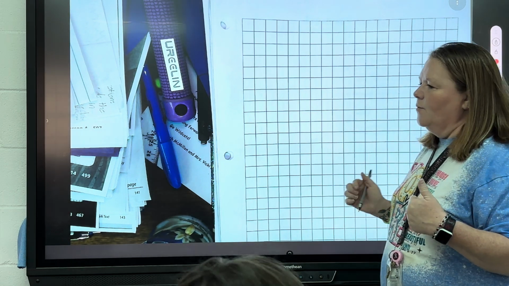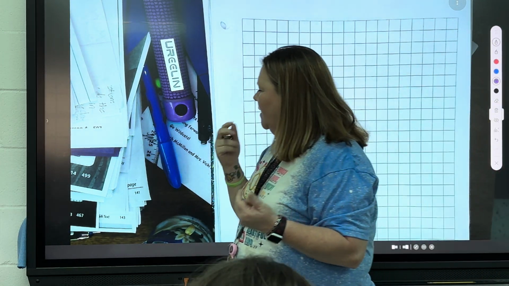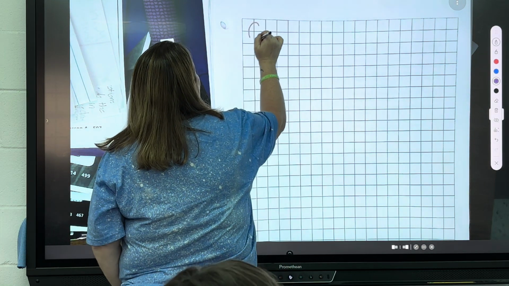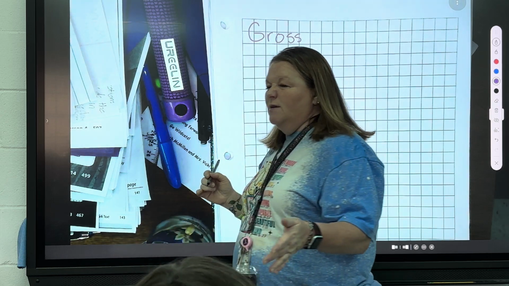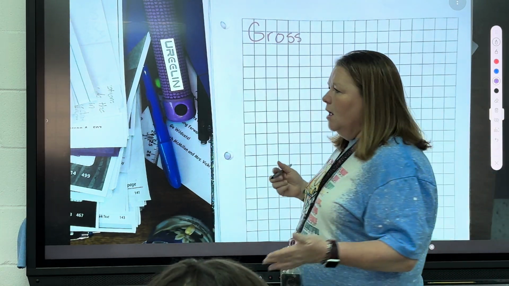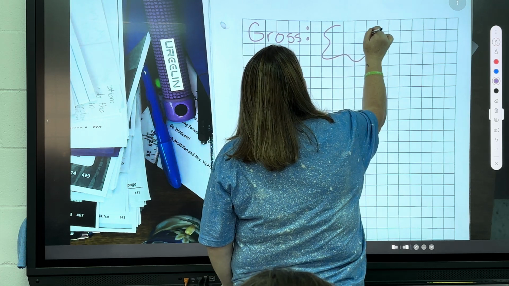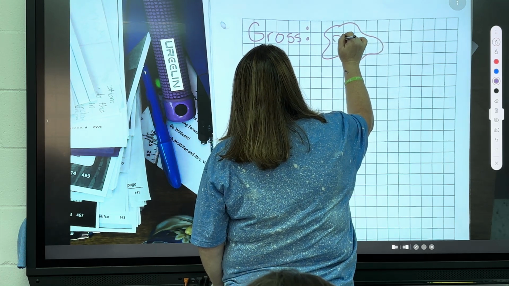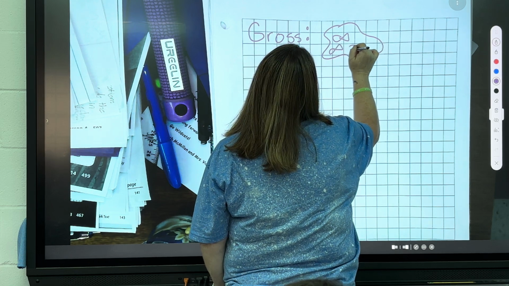So the next thing we're going to talk about is our gross income and net income. What is our gross income? The pond with the fish. So is it just a few fish in the pond? No, it's the whole thing. And what does that mean?